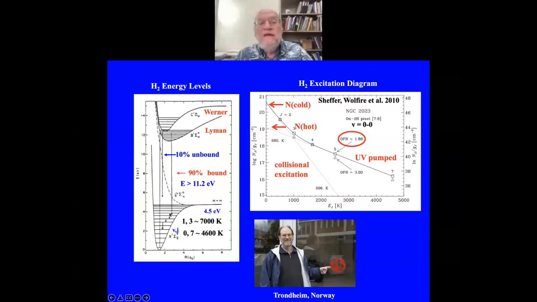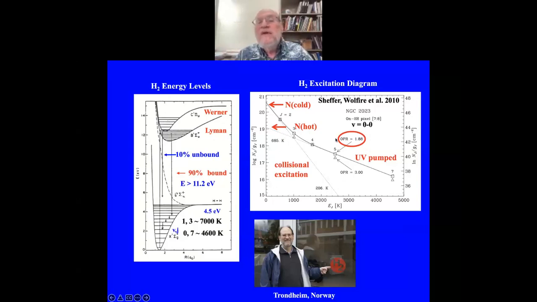But 90% of them land in bound states, which then cascade down through the rest of these levels. And so that can populate these upper levels. So the lower levels can be collisionally excited. The upper levels are probably UV pumped. And these intermediate levels might be UV pumped, they might be collisionally excited, depending on the densities and temperatures.